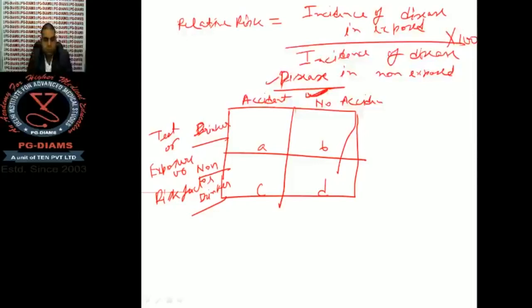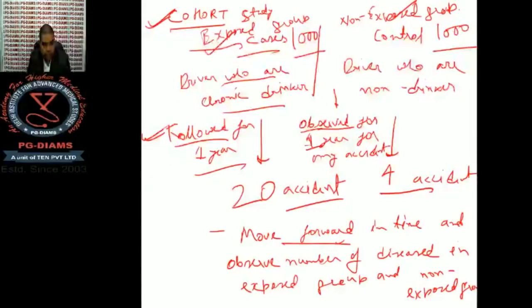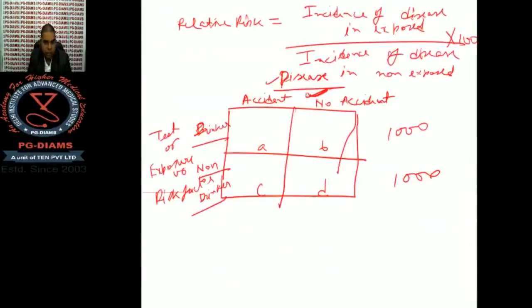Suppose in our example the total number of drinkers and non-drinkers were both 1000. Total accidents that happened: 20 accidents in the drinker group and 4 accidents in the non-drinker group. So accidents in drinker group was 20, accidents in non-drinker group was 4. If you subtract 20 from 1000, it will be 980, and this will be 996.